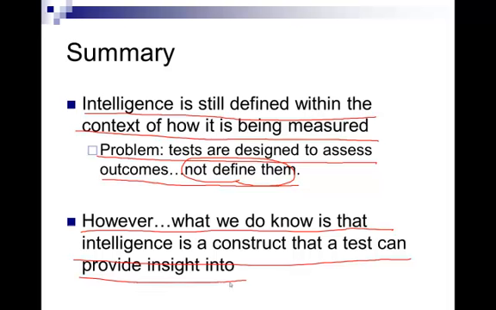And these tests give us some small window into the ability and intelligence of boys and girls, and men and women. Is it perfect? No. But it's a tool. And if we use it right, it can give us some very good insights into individuals.